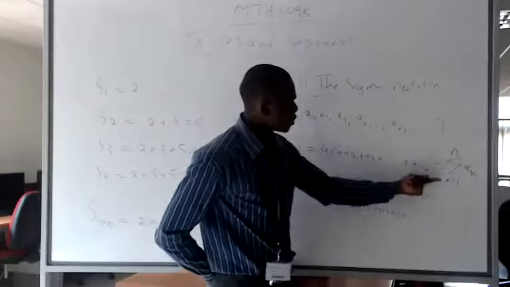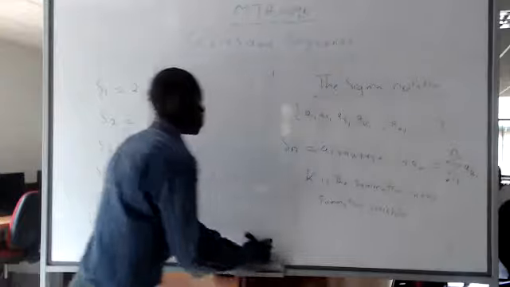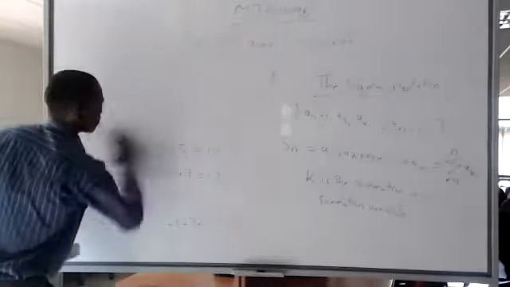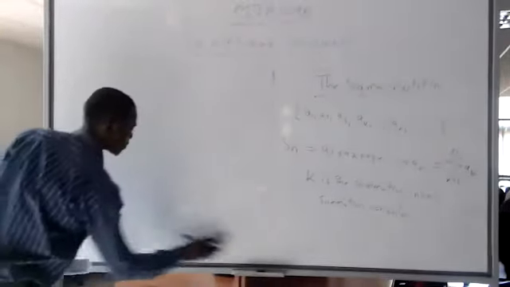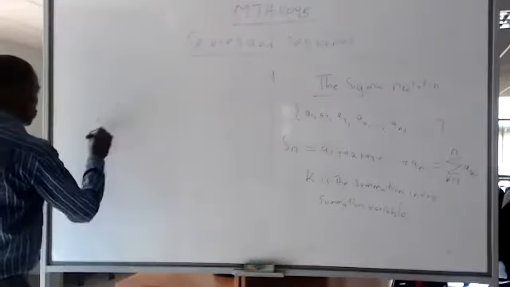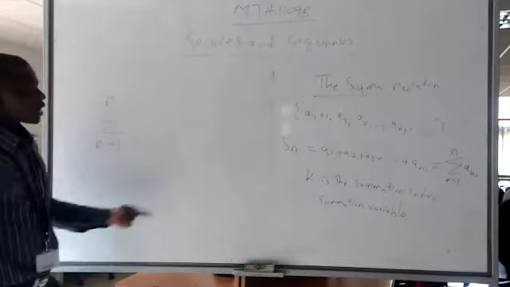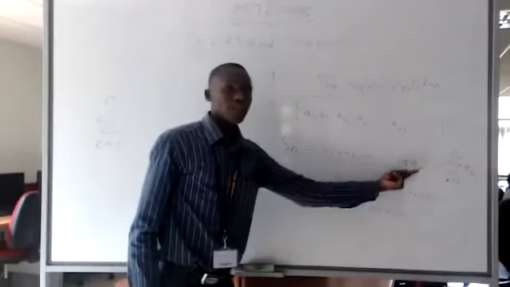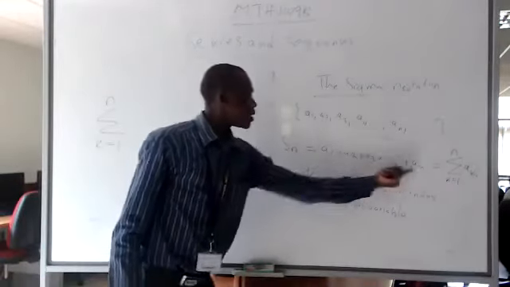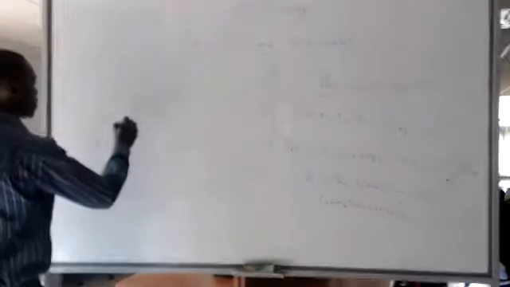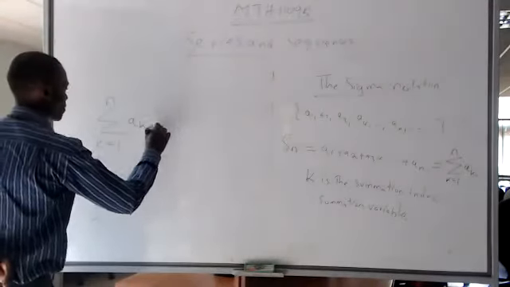So I'm writing summation from k is 1 to n. So I'm starting from 1 to n because I have n terms. So my variable from 1 to n of ak.